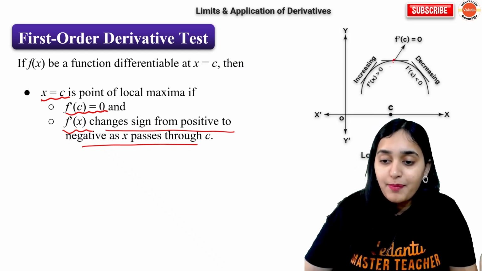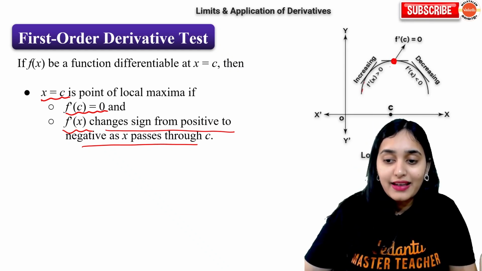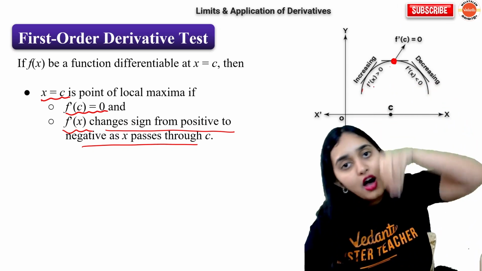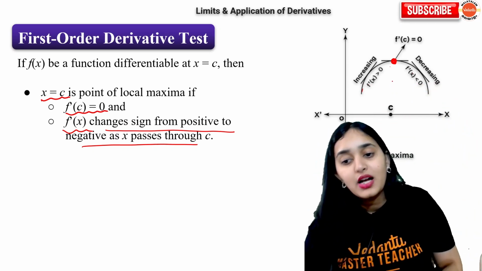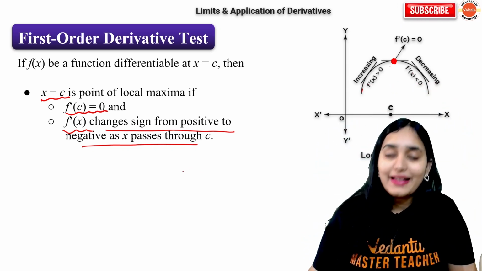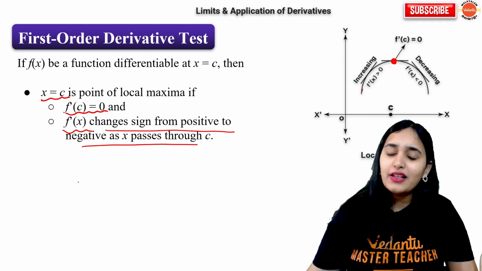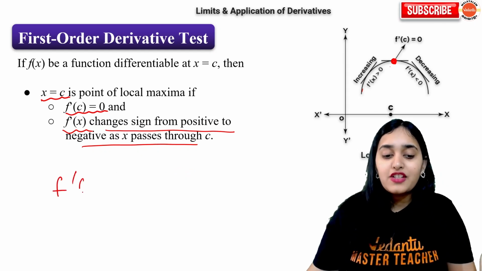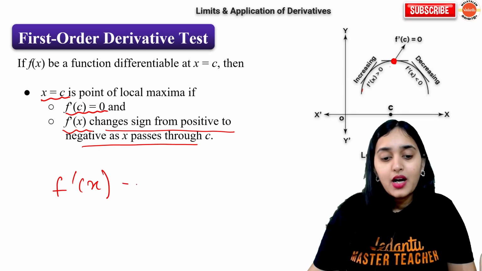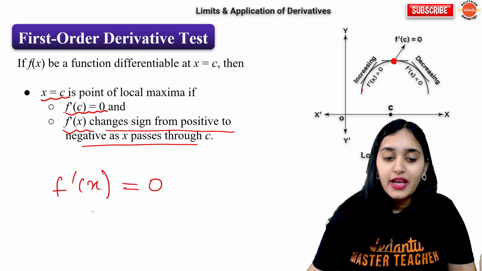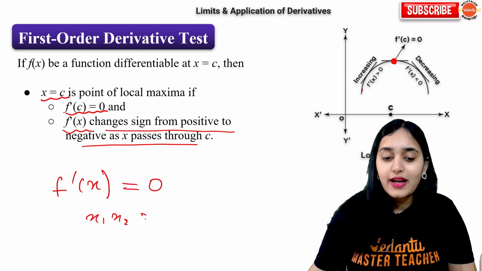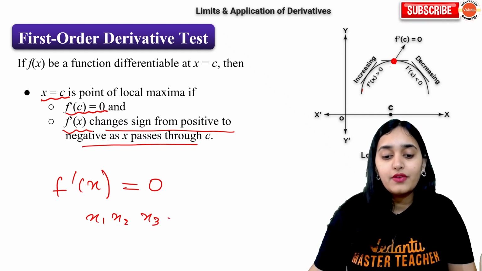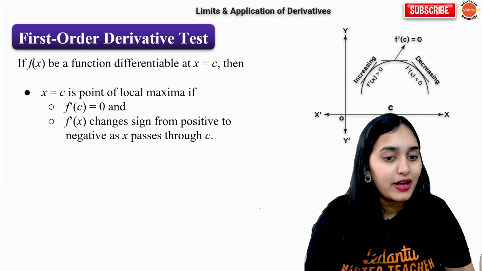Basically, any point where the function is reaching peak value or minimum value is called a critical point. And how can you find out critical points? Simply find f dash of x, put this equal to 0 and get x1, x2, x3 for which f dash of x is 0. So you get the critical points.